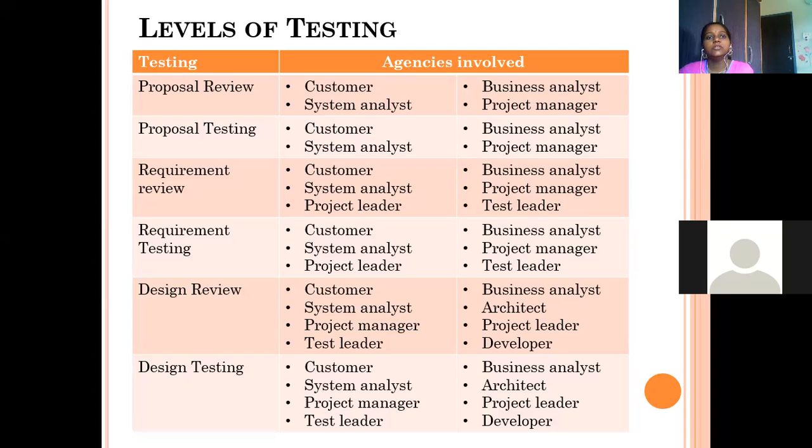So we will check at each and every level of testing which different agencies are involved. Okay, so first of all, we have here the proposal review. So what is there in this?